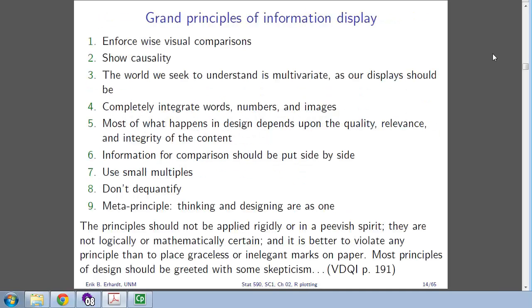So here are 9 principles that I'll be covering in this lecture.